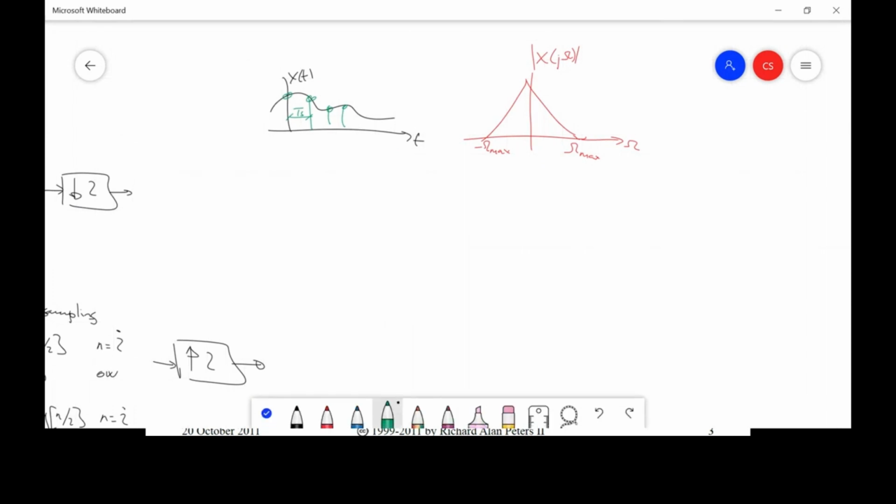At the end, we will have something like this: x of n Ts, something like that.